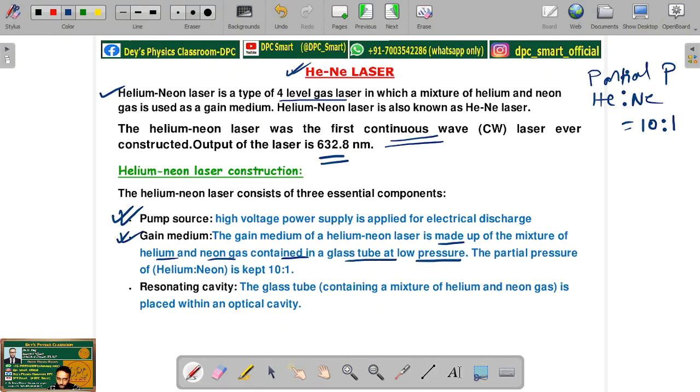The partial pressure is maintained as helium to neon at 10:1. Third, the resonant cavity. The glass tube containing this mixture of helium and neon gas is placed within an optical cavity. Thus the construction of the laser is done.